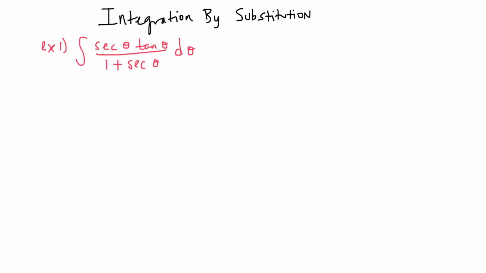And in class we talked about a few things that you could let u be. So u could be something like a base of something raised to a power. U could be the radicand inside a square root or a cube root. U could be a power, if you have something like e raised to a power.